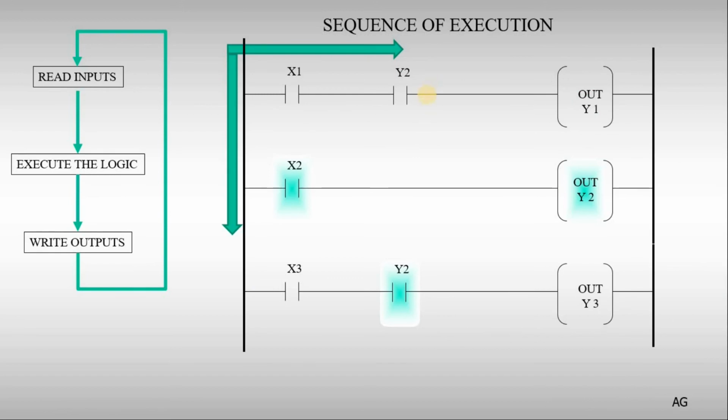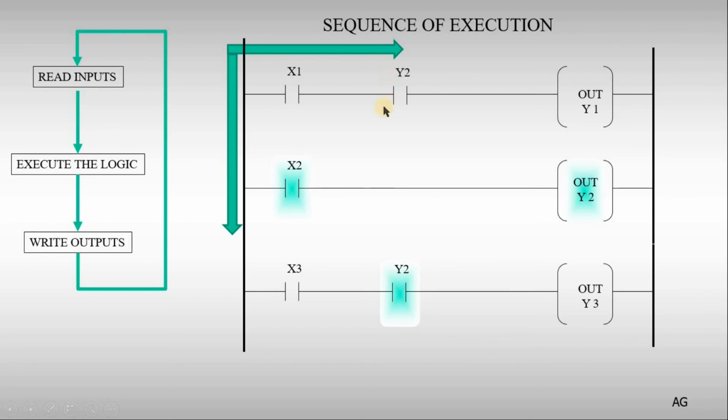This is another example to show you how the PLC will react and execute the program. Y1 is off because in the previous scan X1 was off, and Y2 was off from the previous scan. Now the PLC will proceed with the next rung and find that X2 is on, so it turns Y2 on. Now in the third rung, the Y2 status will be on.